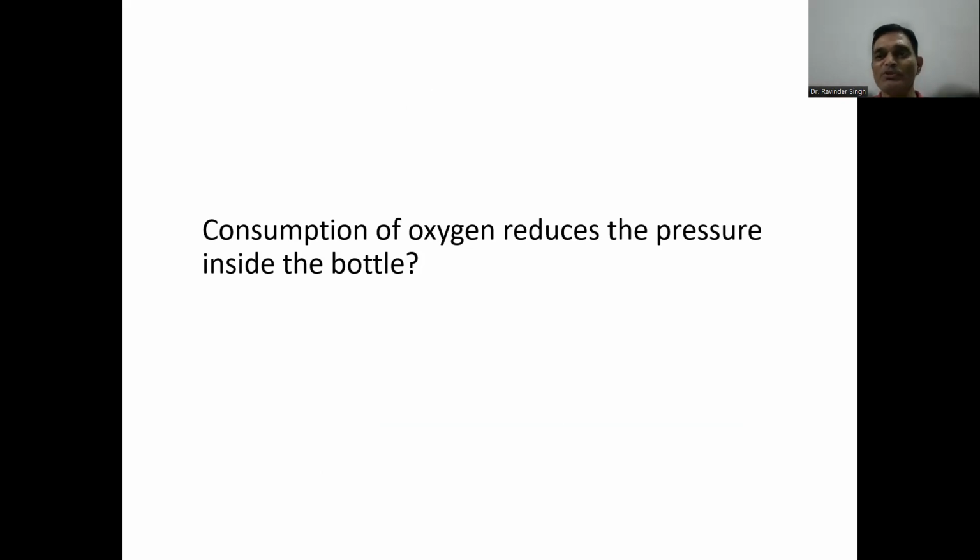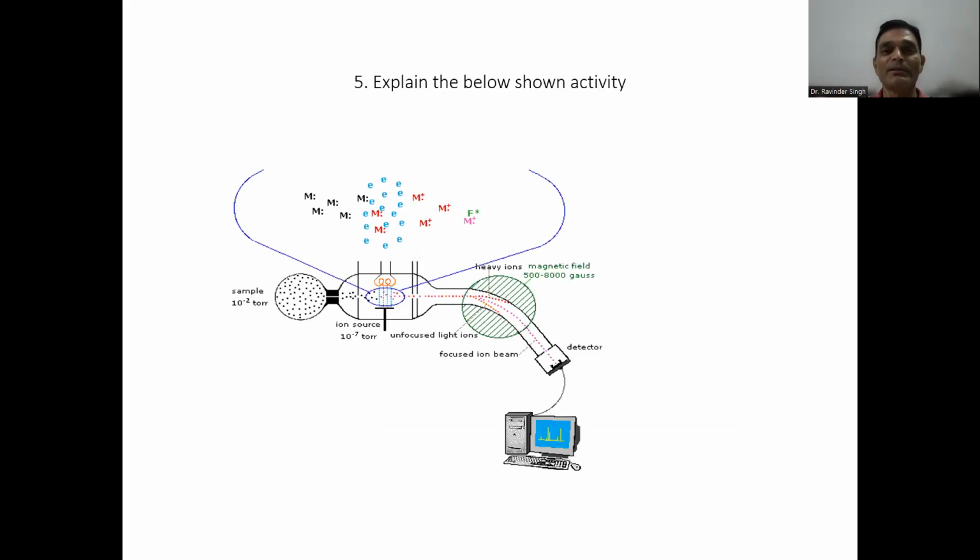Because for the burning process, oxygen is required. So the concentration of the oxygen decreases inside the bottle, and thus the pressure reduces. And that's why the whole process takes place.